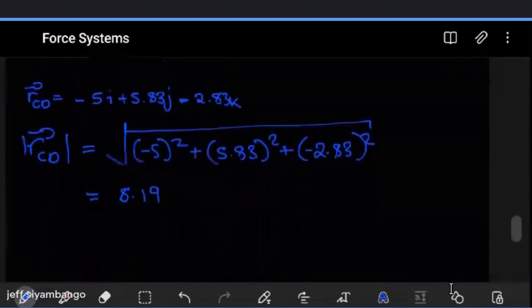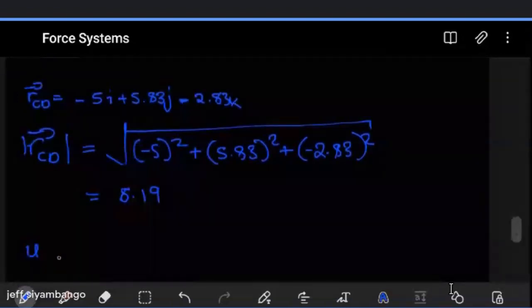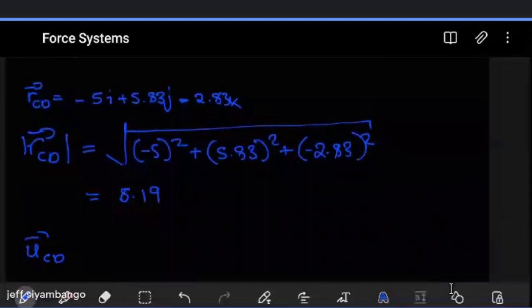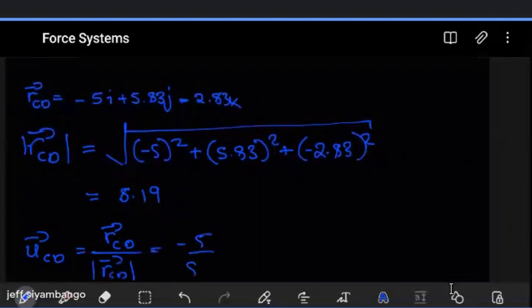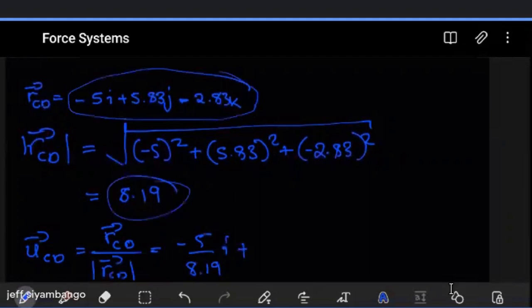So we can then get our unit vector. Our unit vector running from C to D can then be expressed as the vector itself, RCD, divided by the magnitude. So if we do the division, this is just minus 5 over 8.19 in the i plus, so I'm just dividing every term of RCD by the magnitude.